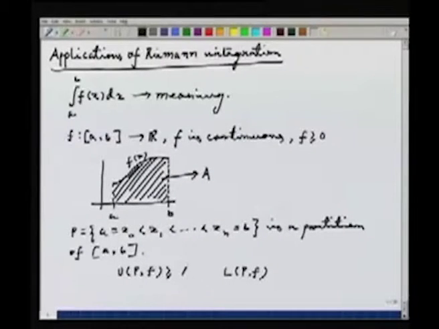Then if A is the area of the region, then I also know that this is true for all partitions P. Because U(P, f) are made up of rectangles whose heights go above the graph of the function, and L(P, f) are made up of rectangles which lie below the graph of the function, and hence it follows that U(P, f) must be bigger than or equal to the area between the function and the axis, that is the quantity A, and this quantity is certainly bigger than or equal to L(P, f).